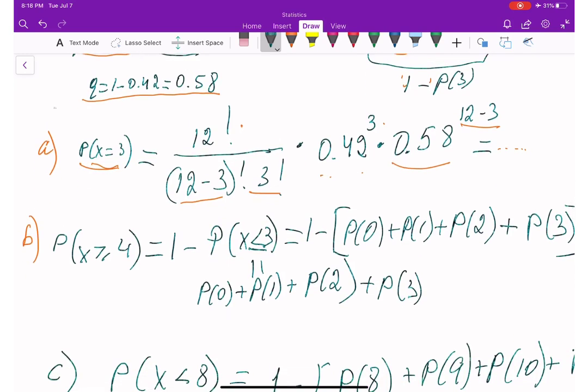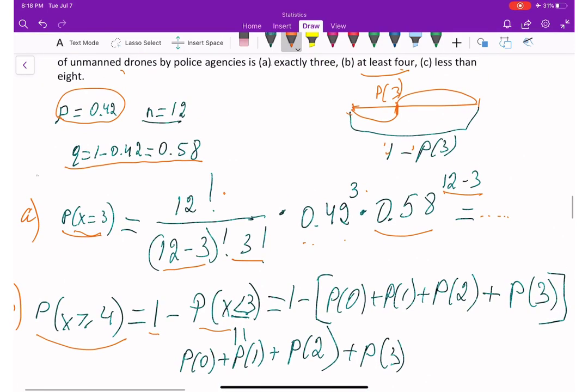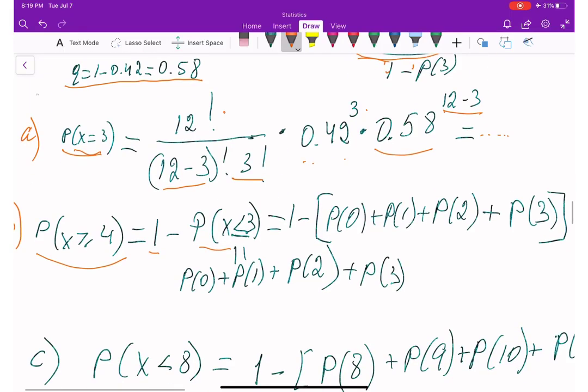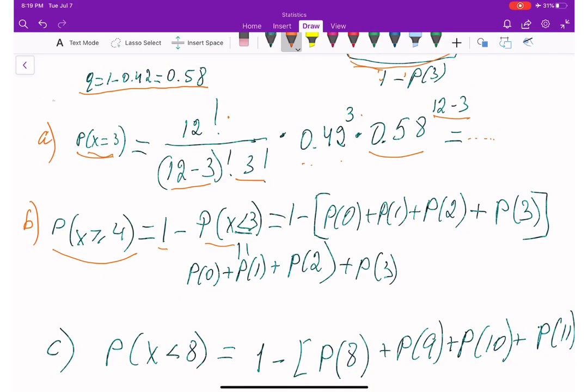So x is greater than or equal to 4. It's easier to do 1, meaning 100%, minus this 3, right? If this is 100% minus the probability of 3, I will get the probability of x greater than or equal to 4, this piece. Therefore, 1 minus probability of x less than or equal to 3. Less than or equal to 3 means it's going to be 0, 1, 2, and 3.